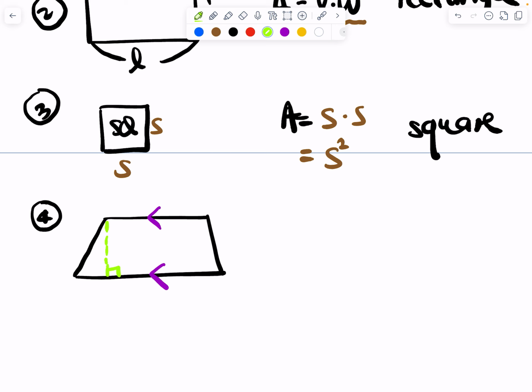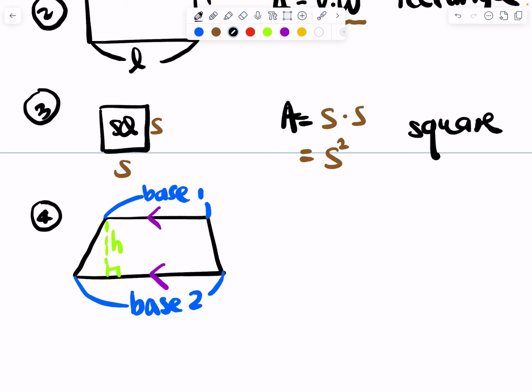The height is not necessarily always inside the figure, but in this case it is. So this is H, and interestingly enough, in a trapezoid, the top, though it is on the top side, is called base 1, right? And this is called base 2. First base, second base, right?